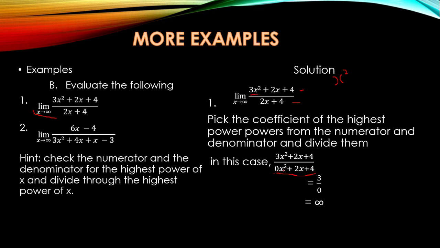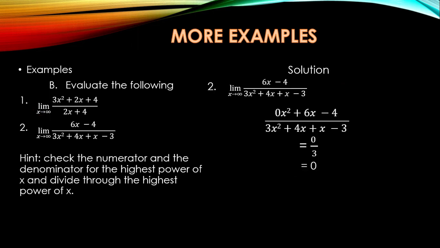After creating this, we pick the coefficient of the numerator, which is 3, and the coefficient of the denominator, which is 0. 3 divided by 0 gives us infinity, and that is all. That is how we find the limit of a function in which the variable x tends to infinity.